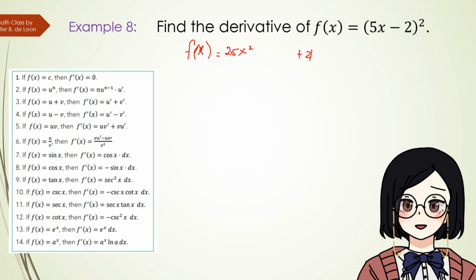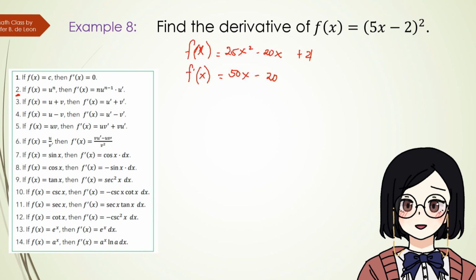Now, to get the middle term, we multiply negative 2 times 5x, that is negative 10x, times 2, so we will have minus 20x.